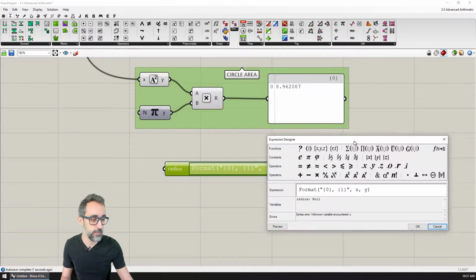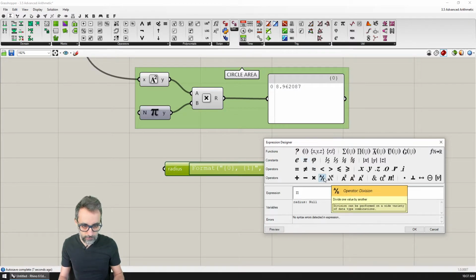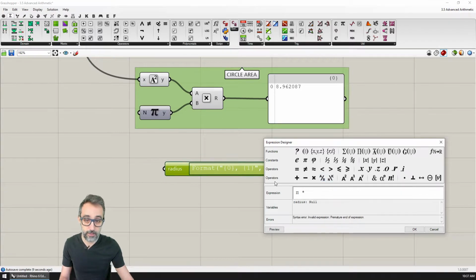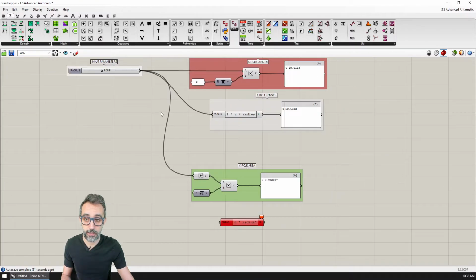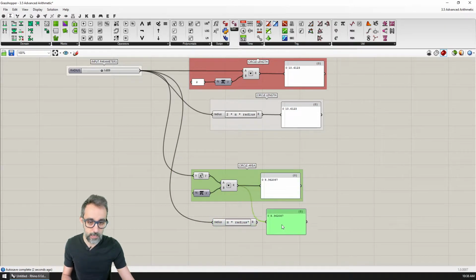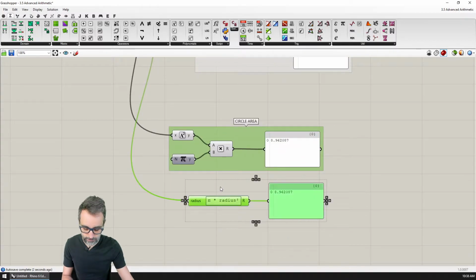So what I want is to take the number pi and multiply it by the radius squared, like that. Or I could also do radius times radius. It doesn't matter. So if I do that, then you can see that now I can plug in my radius, okay? And then I can plug in my other one, and the result is the same here.